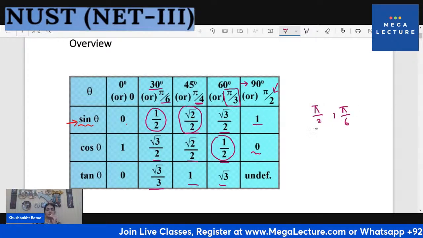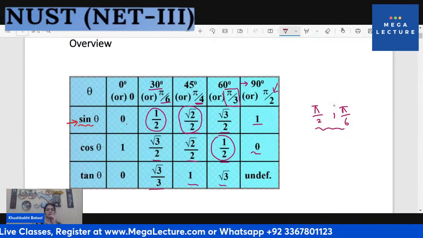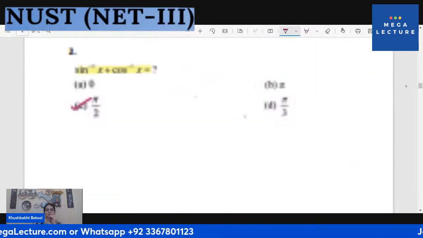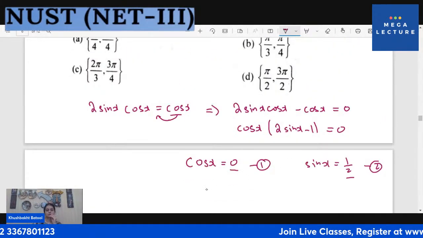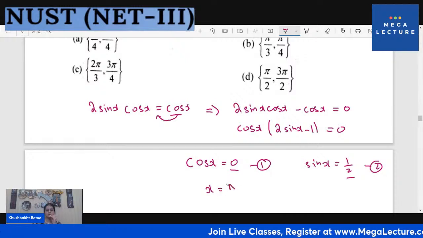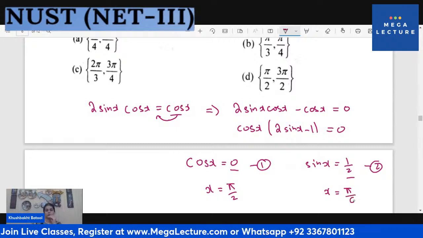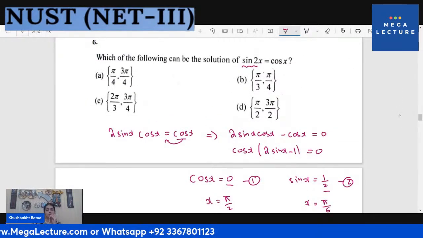Alright. These are the two values I'm getting. For cos it is pi by 2, and for sine it is pi by 6. Okay. Now the question says, which of the following can be the solutions of this question?